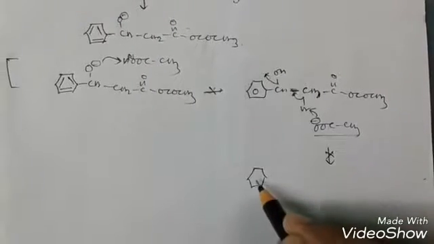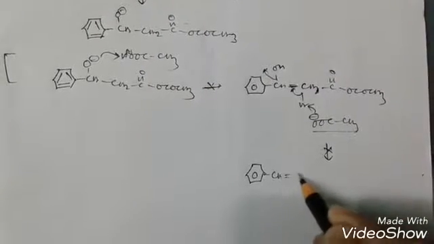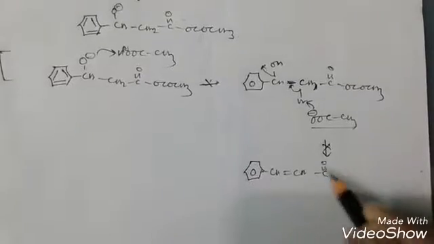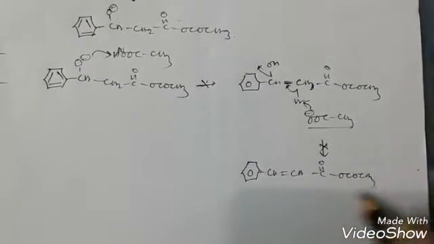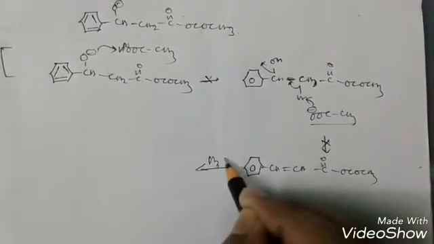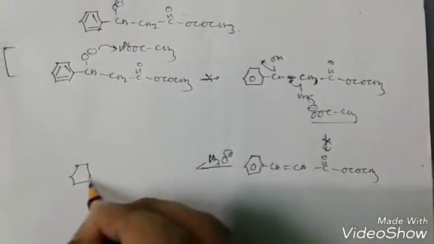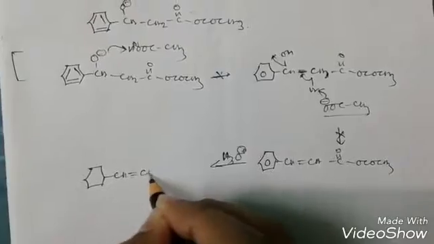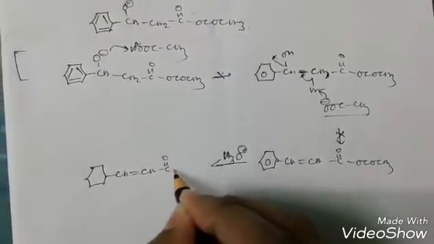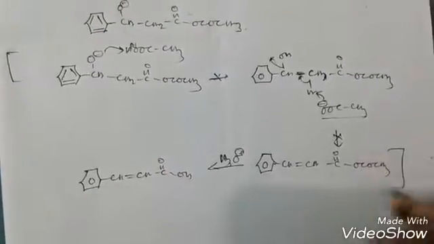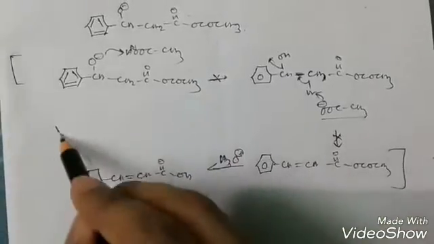But the YouTubers are doing it, and then they form this, and then they hydrolyze it. Hydrolyzing is possible, that is not the issue. And then they form the cinnamic acid. This is what they are doing, but to be precise, this is wrong.